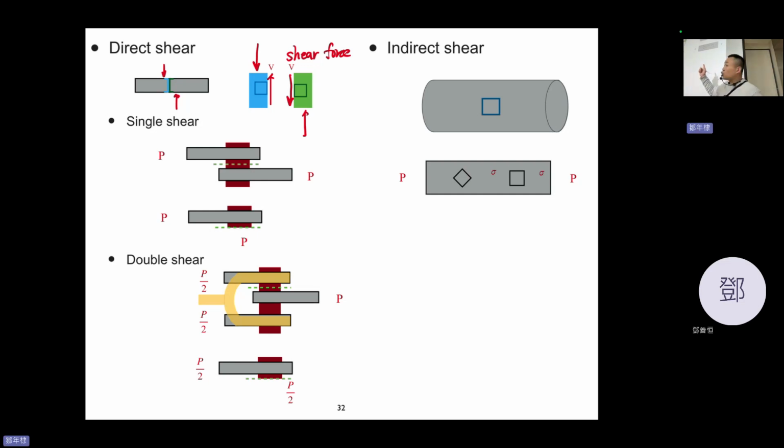So you can see the shear force balanced. It makes this material not fly back.